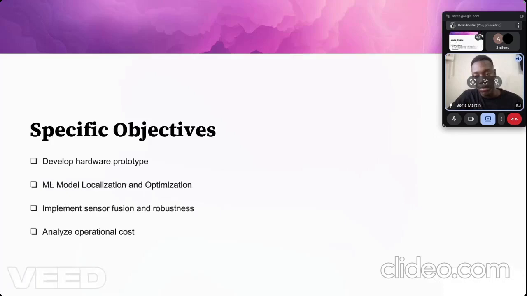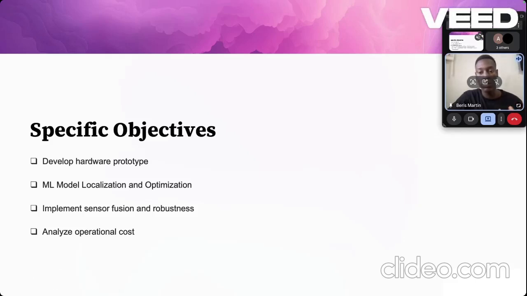Then the specific objectives: we want to develop a fully functional hardware prototype of this smart bin. Then we also have to develop a machine learning model that can easily recognize the different trash categories and separate them. My colleagues will elaborate more on how this will be done, but these are some of our specific objectives.